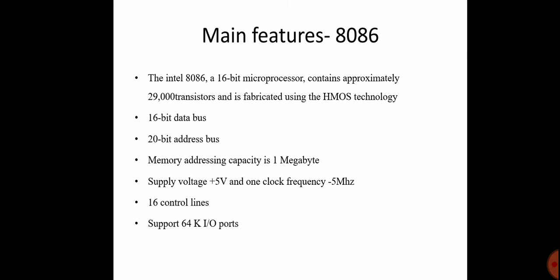Second, it has a 16-bit data bus and a 20-bit address bus. The memory capacity is 1 megabyte, the supply voltage is positive 5 volts, with a single clock. The frequency range is 5 megahertz, it has 16 control lines, and it supports 64K input and output ports.